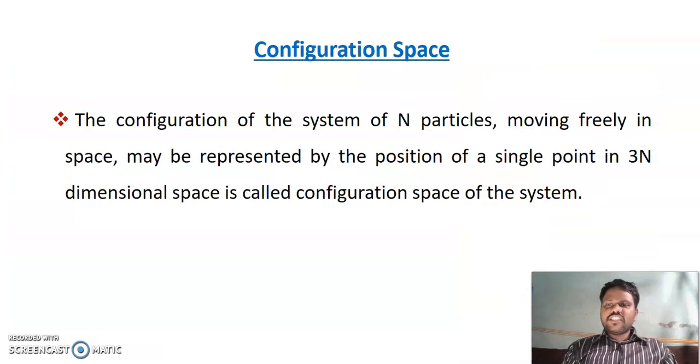Configuration space: the configuration of a system of n particles moving freely in space may be represented by the position of a single point in 3n dimensional space, known as the configuration space of a system.